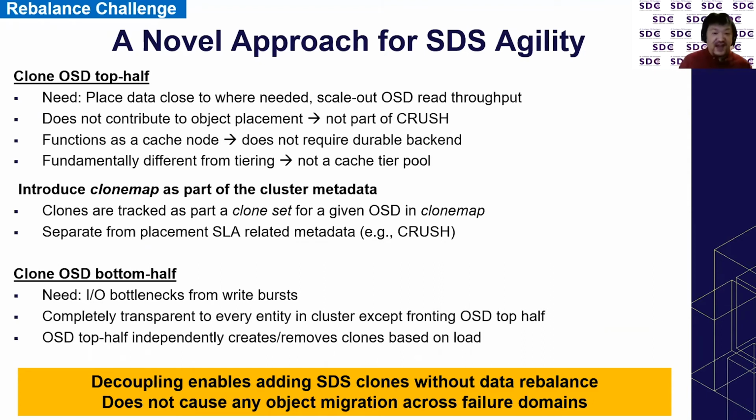In a nutshell, decoupling enables adding SDS clones without data rebalance and does not cause any object migration across failure domains. And this would address the rebalance challenge we pointed out earlier.